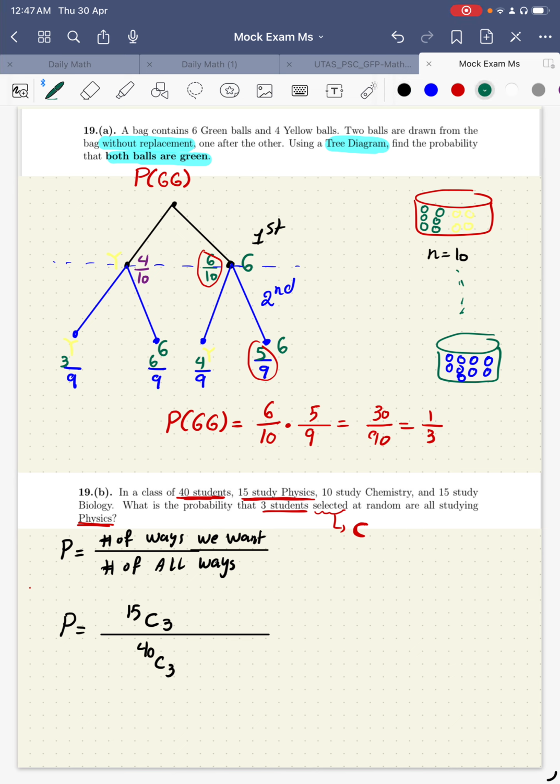So I'm gonna have, remember that 15 C 3 equal what?